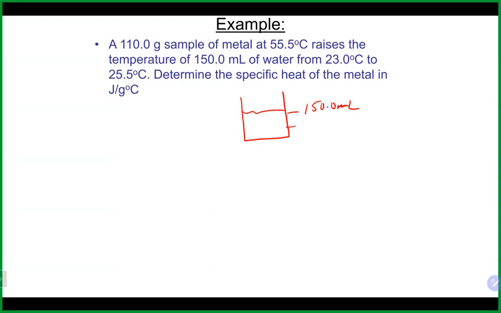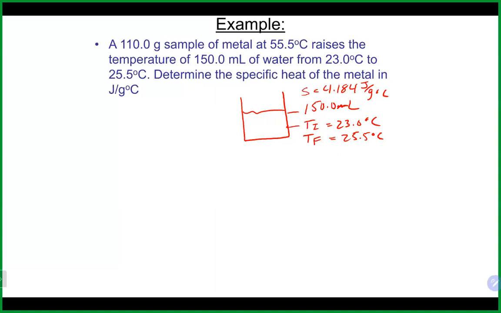We know the initial temperature of the water is going to be 23. After the metal goes for a swim, it's going to be 25.5. And because it's liquid water, we know the specific heat capacity of it is 4.184 joules per gram per degree Celsius. So we have a lot of information for our water.